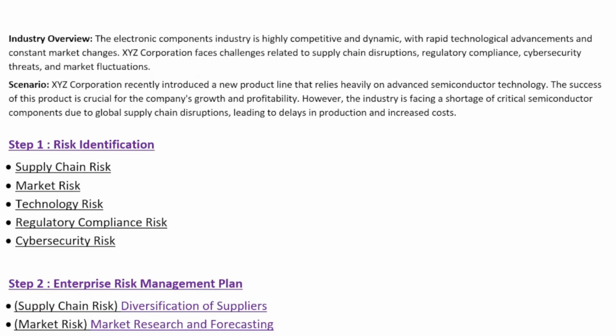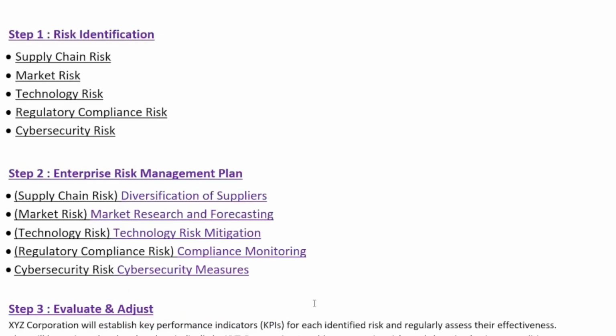So in step two, we need to develop a plan to manage our identified risks. If we talk about supply chain risk, the best plan to manage this risk is the diversification of suppliers. So XYZ Corporation needs to explore alternative suppliers and diversify its supply chain to mitigate the impact of disruptions. At number two, we have market risk.